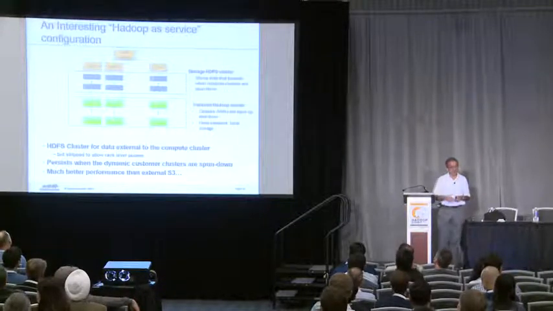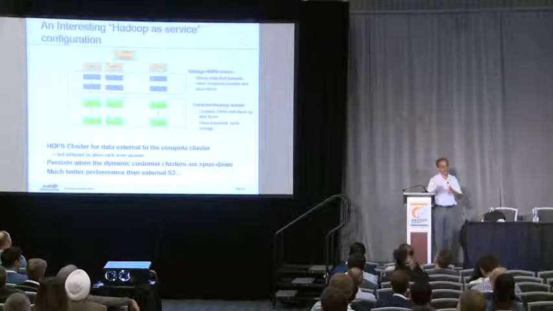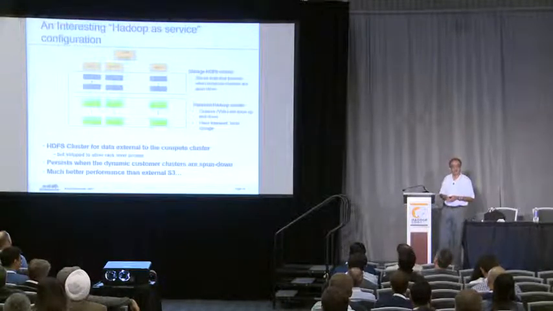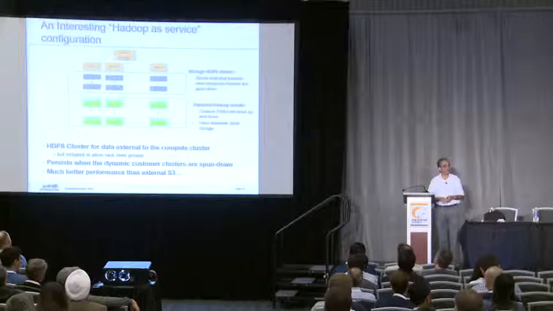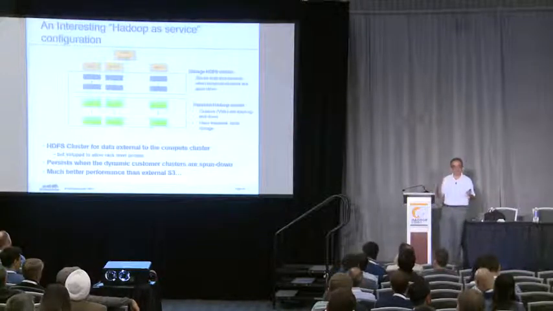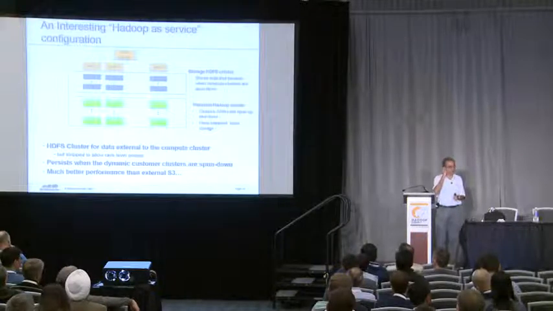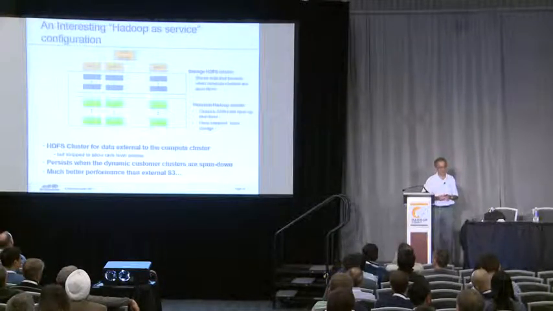So this is an interesting model that can also be done, and it may be a model that you may find useful if you are in a multi-tenant environment in your own organization. This is something we were using when I was at Yahoo for one of the experiments we were doing.